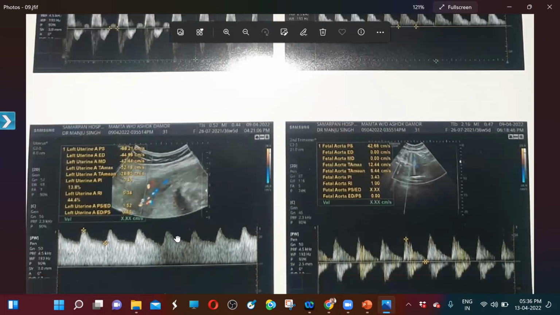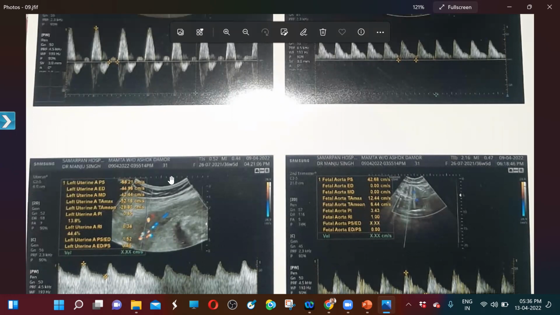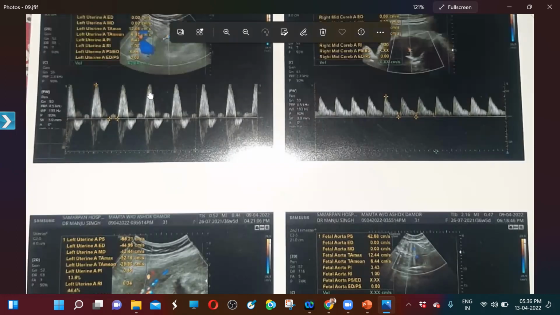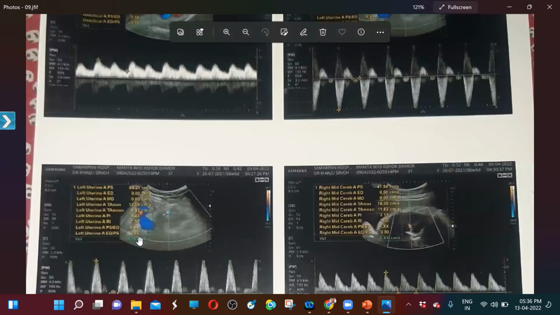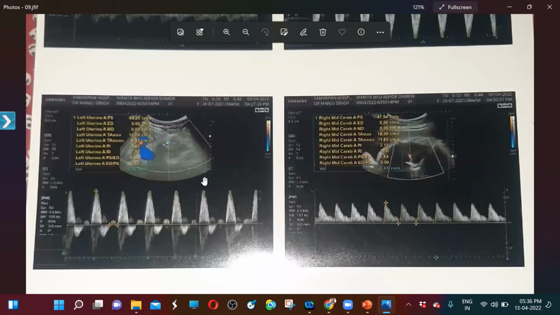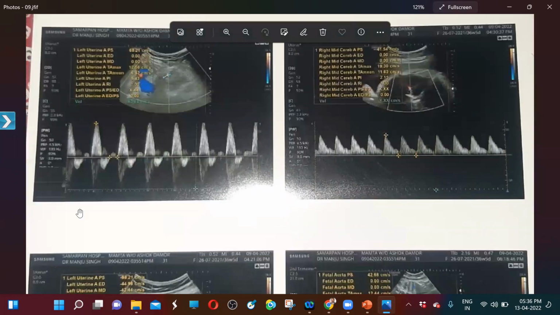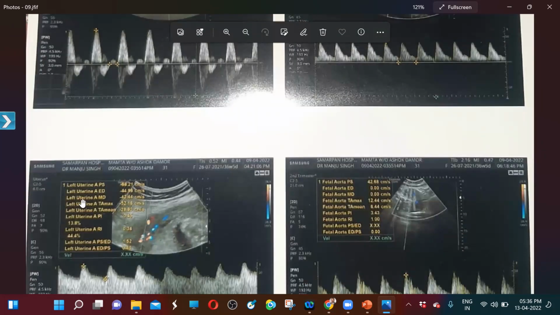Now the point is, is this the left uterine artery or this one the left uterine artery? Before sending the case, please have a look at your case, what you are sending. Now, if this is the left uterine artery, then this is a very abnormal left uterine artery. Now, let us take this as the left uterine artery, and maybe this is the other uterine artery. The doctor has just labeled this as left.